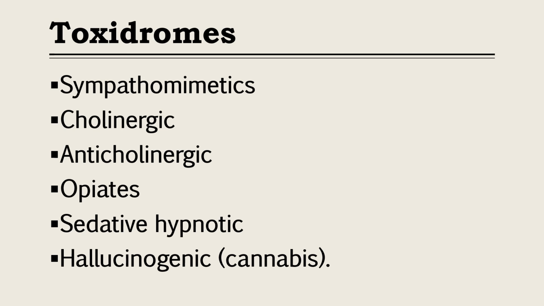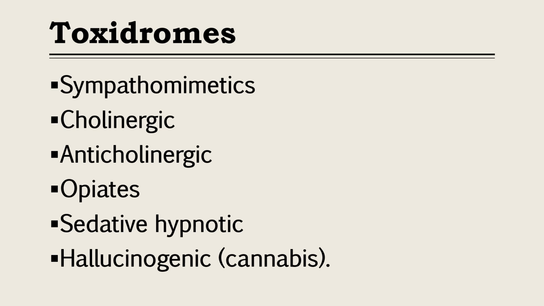Another examination is examining the skin. If the skin is sweaty, this means toxicity by sympathomimetic, but if it is dry skin, dry as a bone, this is an anticholinergic effect. So we collect the group of drugs that have similar signs and symptoms in one group and call that a toxidrome.